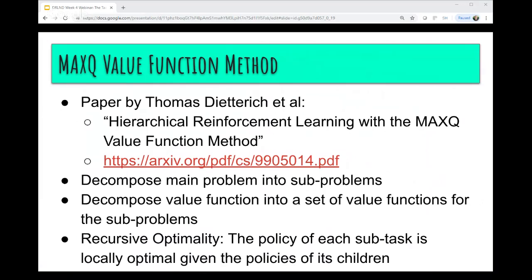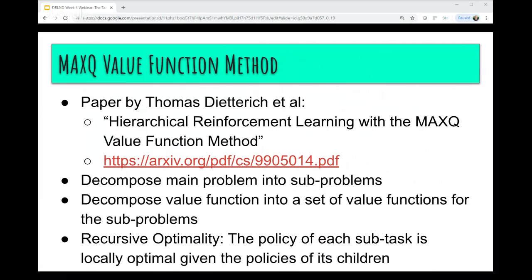So the idea that they have, and it's a common one, is to break up the problem into separate, smaller problems, and then have agents working on each of those different smaller problems to, as a whole, solve the bigger problem. So what they've done is decomposed the main problem into these different subproblems, and then they decompose the value function into a set of value functions, one for each of the subproblems that are to be solved.